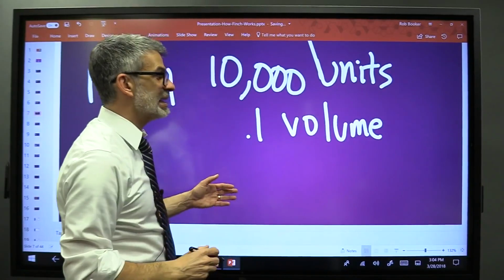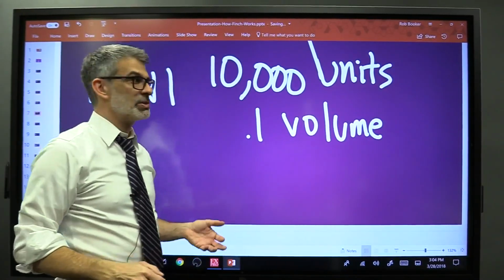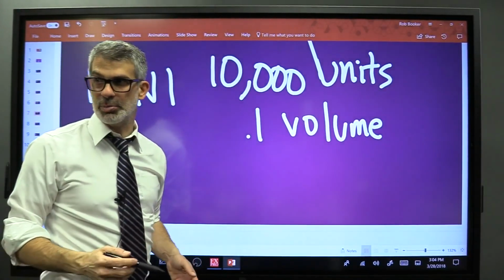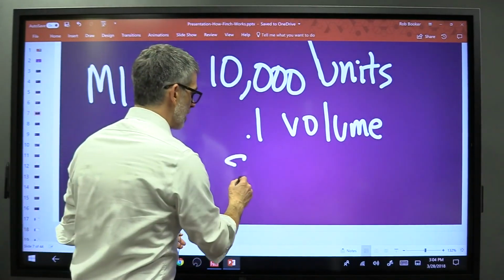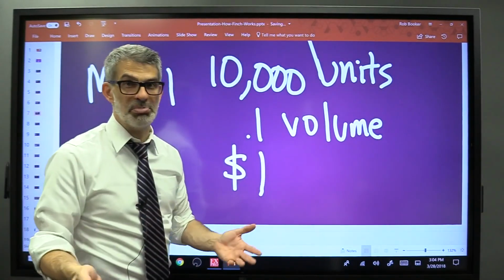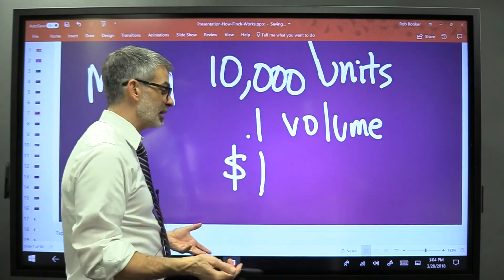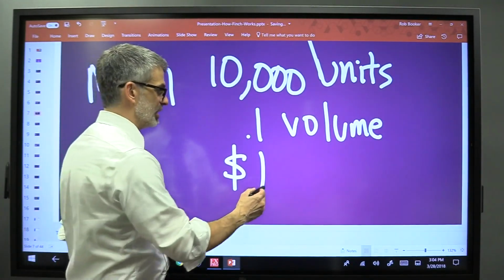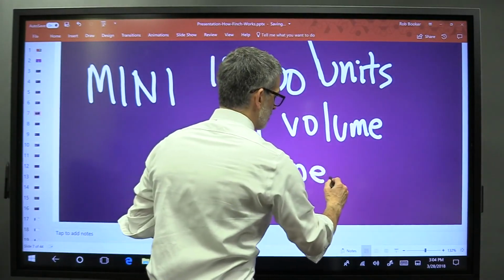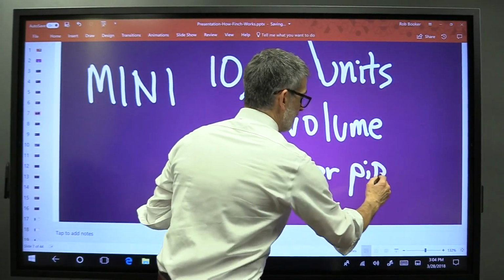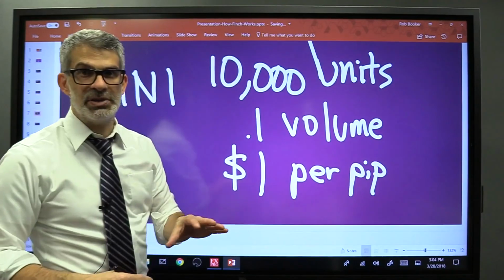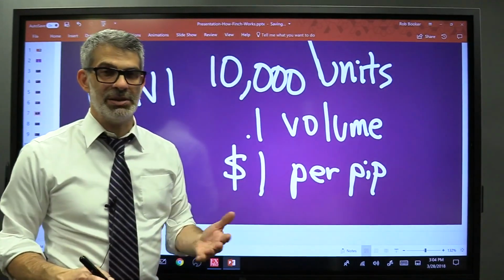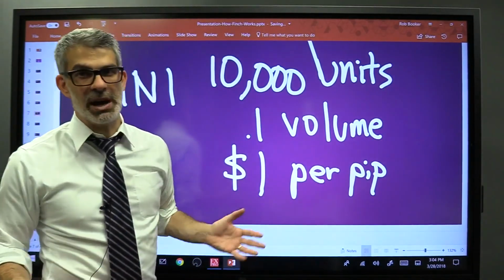So if every micro lot was worth 10 cents, what's every mini lot worth approximately? $1. 1 Australian dollar, 1 pound, 1 euro, 100 yen, and so forth on down the line, depending on where your account was initiated. $1 per pip. Now this is a general number. If you're trading the US dollar Japanese yen in the United States, it might be worth 79 cents.